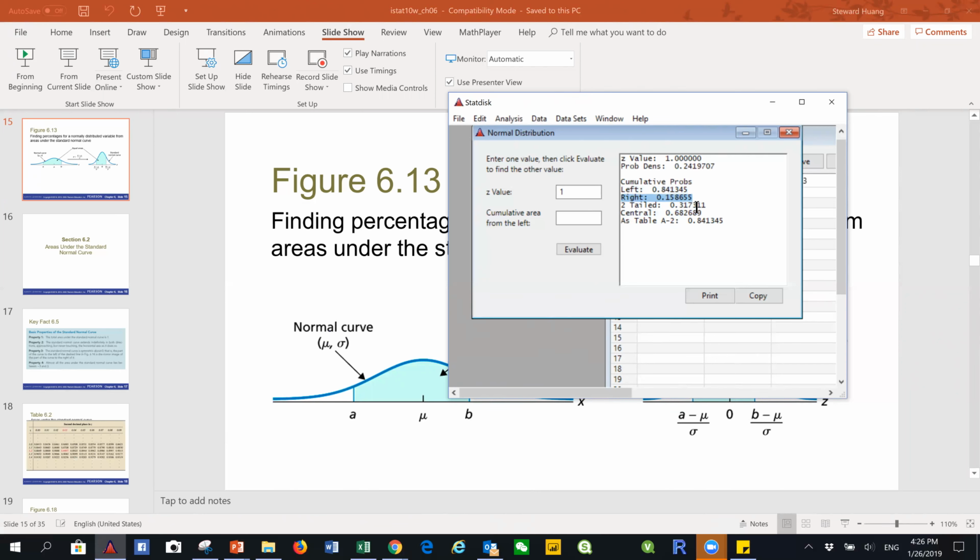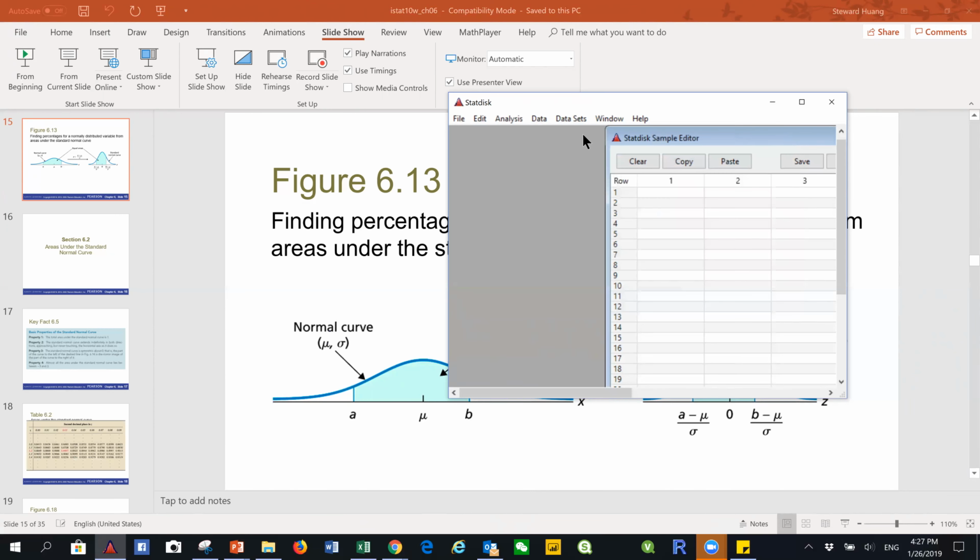So you can calculate the central area by doing 1 minus 2 times the tail area. Okay, you will get this value. Or the area to the left of 1 minus the left tail, which is also equal to the right tail, which is the difference of these two numbers. Okay, so anyway, you got it.